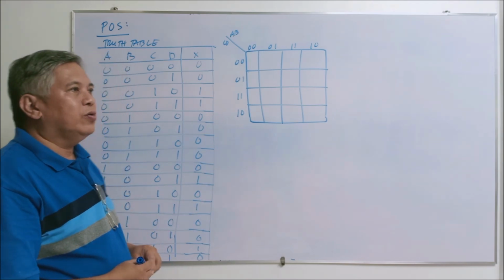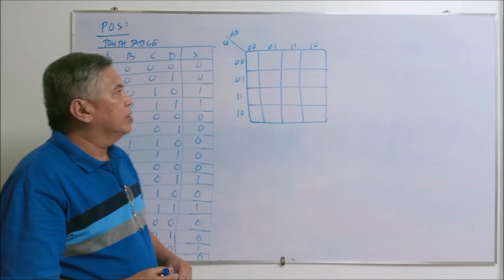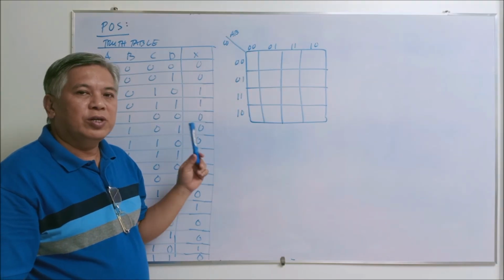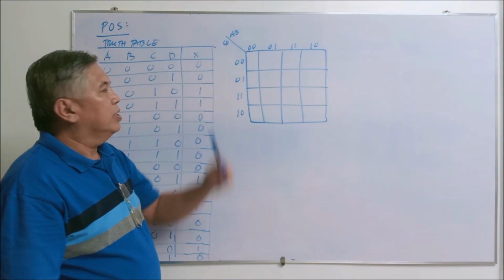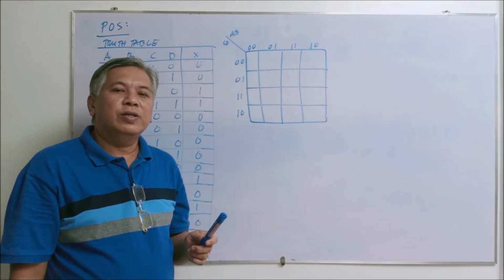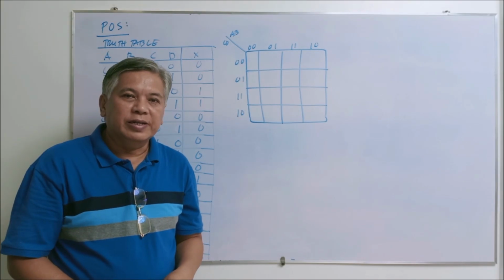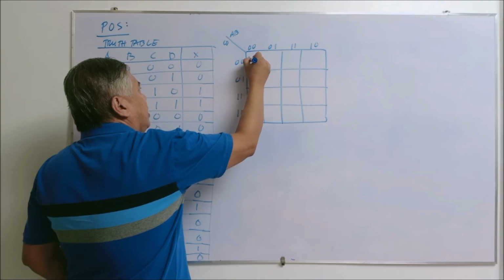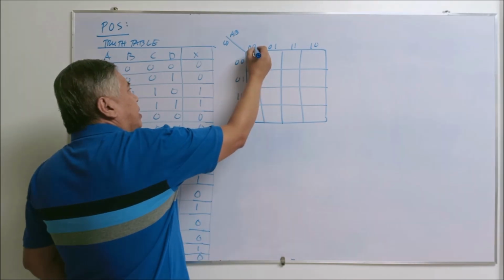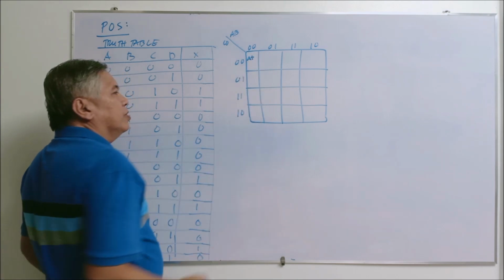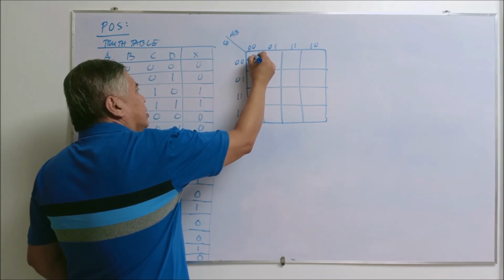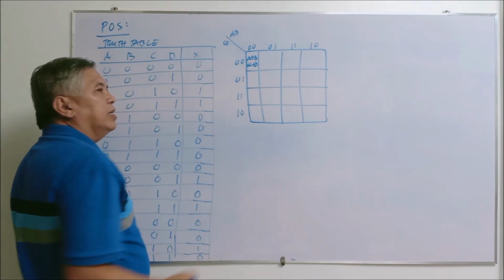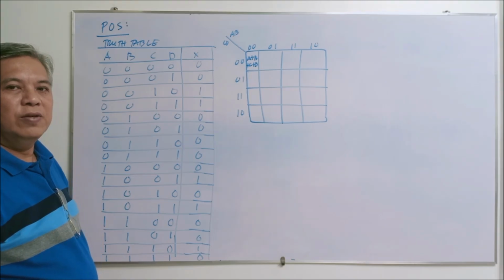According to our definition of a sum term, the sum term can be obtained by considering the value of your input. If the value of your input is 0, then the variable is not complemented. In this case, A is 0, so you have A not complemented, then B is 0, so plus B, plus C, plus D. Can you follow?